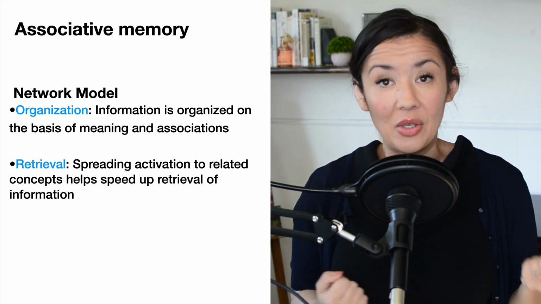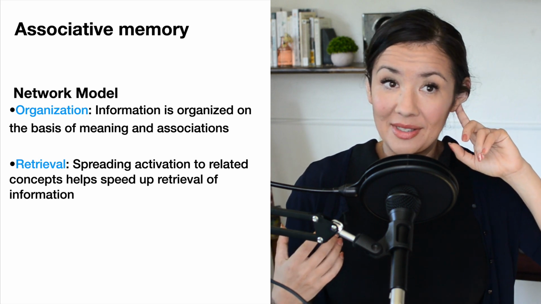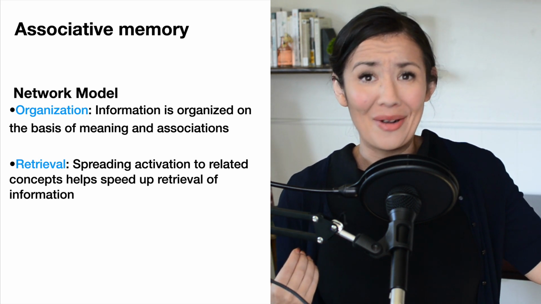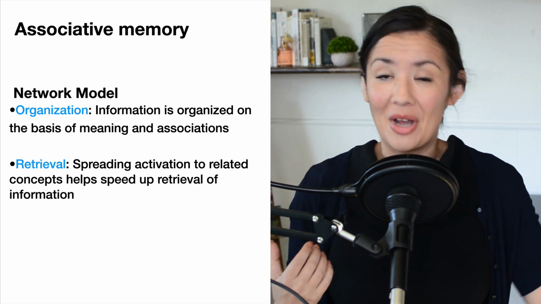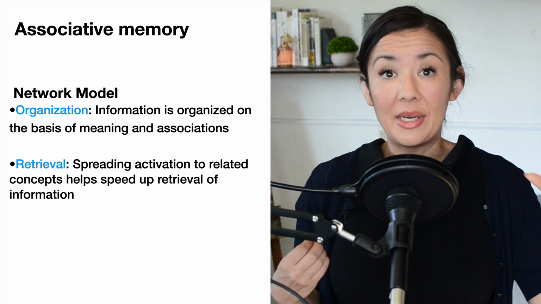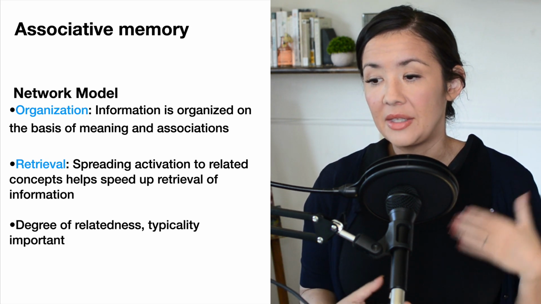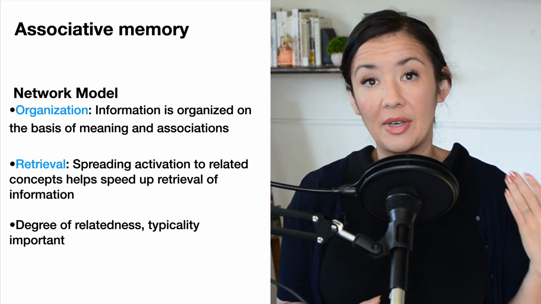And that can really help you if the stadium is really loud and you have a hard time hearing the person. But they might not be talking to you at all about sports. They might be bringing up some other topic. So it doesn't always lead to correct decisions, but it generally helps us in specific contexts. And the degree of relatedness is typically very important.